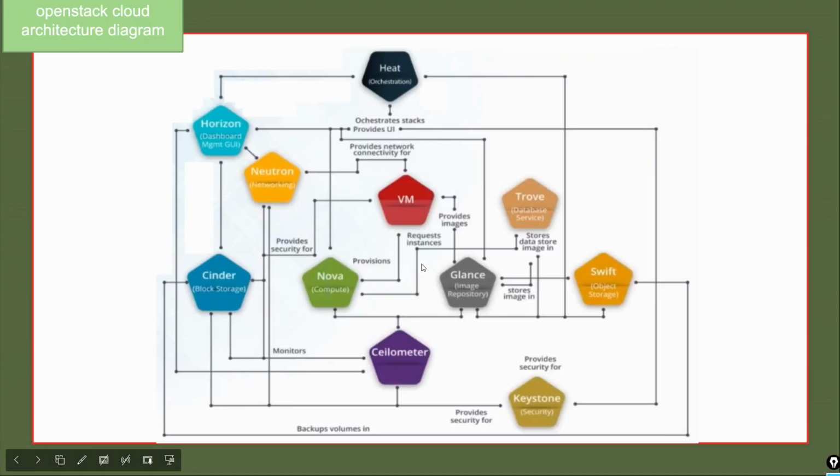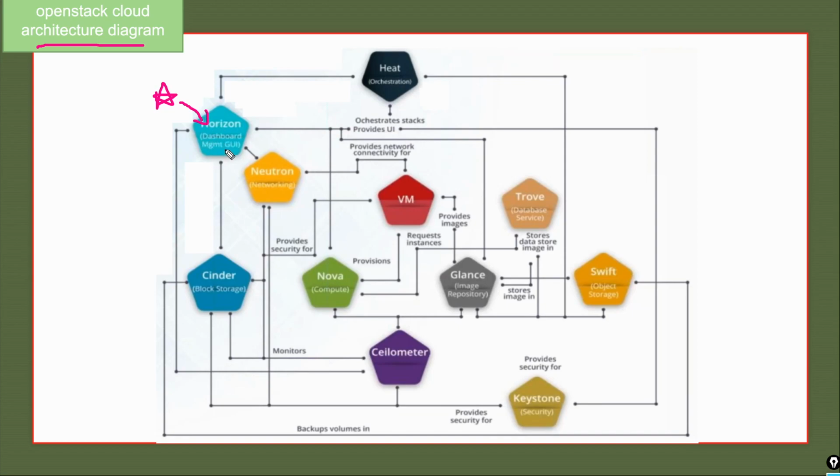Sorry, the last slide. If we take a look at the whole architecture diagram, we'll see that as a user, we're going to use the system. So we have Horizon here.